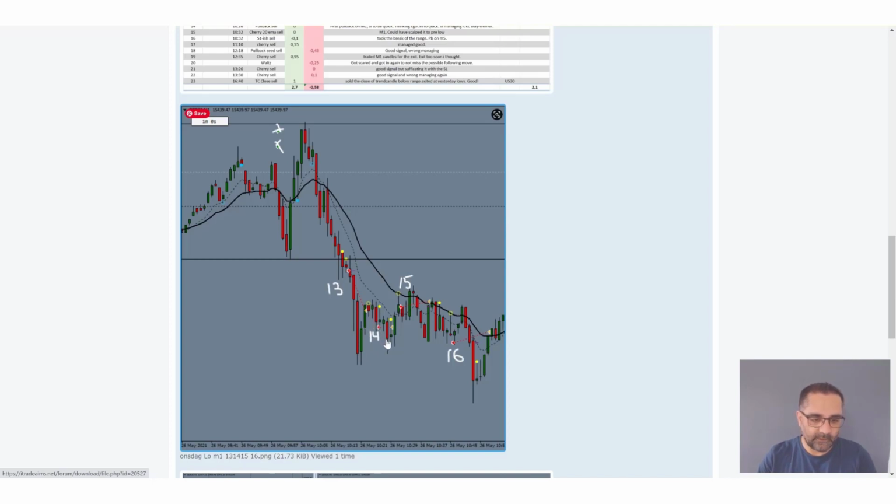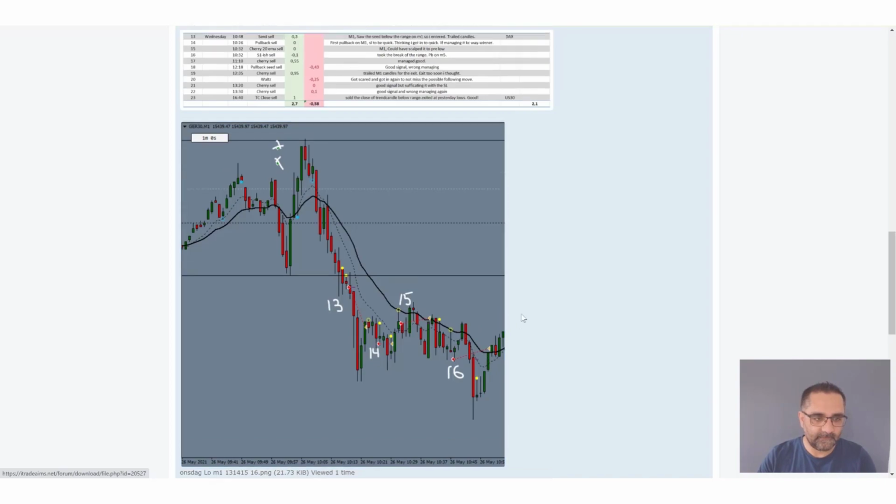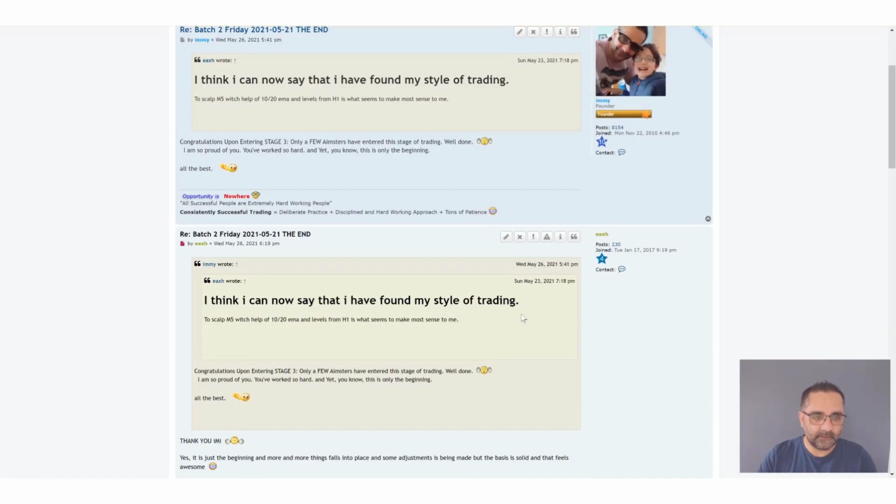If you go short here, you take however many points here, that's a scalp. If you go short here and you stay through this, because this is not major, and then you get out here, that is M5 swing trading. So you can do both.